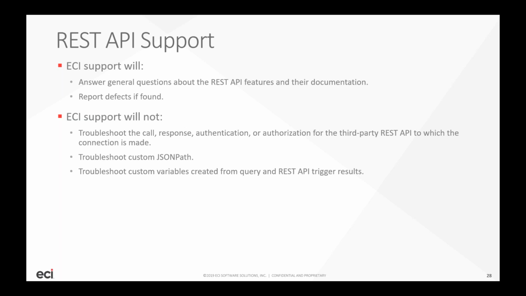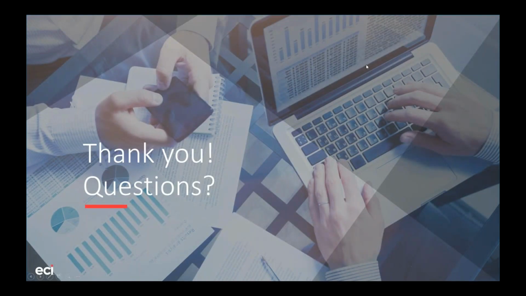But if you are doing professional services for a customer and setting up a REST API call, for example, they said, I want you to set up a REST API call to my Salesforce instance, or I want you to take users from my Macola instance and send them to my MailChimp account, something of that nature, where you are trying to figure out how to get this thing working and you need some additional help, that's where Postman might come into play. So I believe that is it.